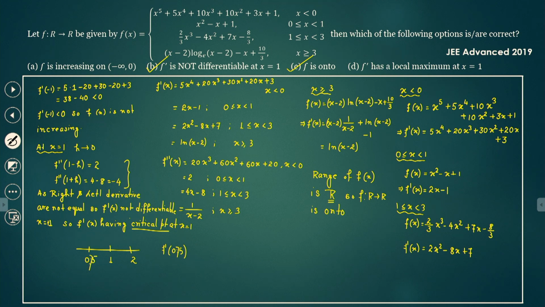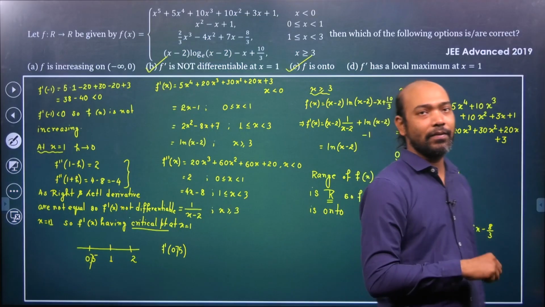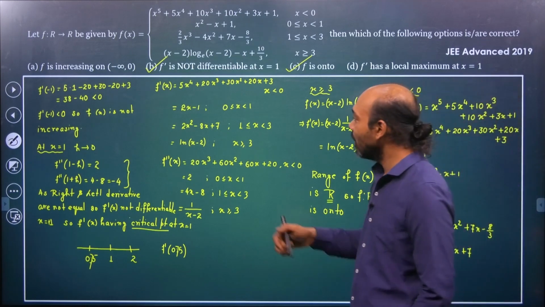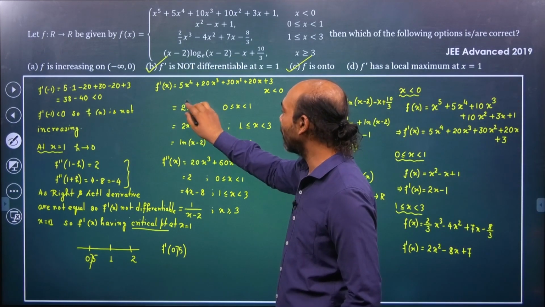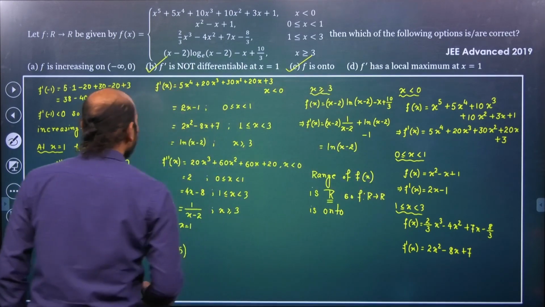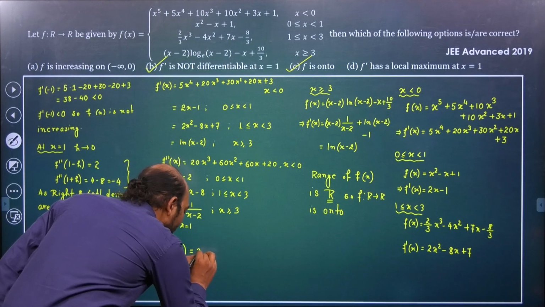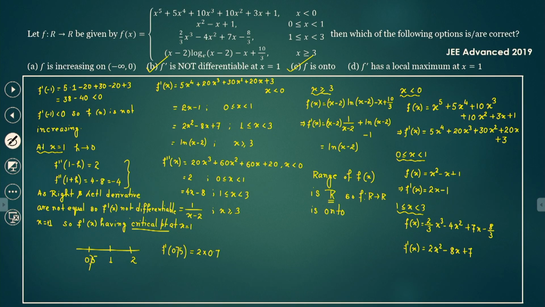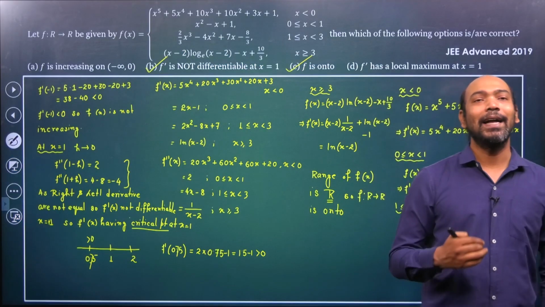So if I calculate f dash at 0.75, what will happen? We have to choose this expression, right? Because it's 0 to 1. So our function becomes 2 into 0.75 minus 1, that gives me 1.5 minus 1, and that's greater than 0. So f dash x is greater than 0 at 0.75.